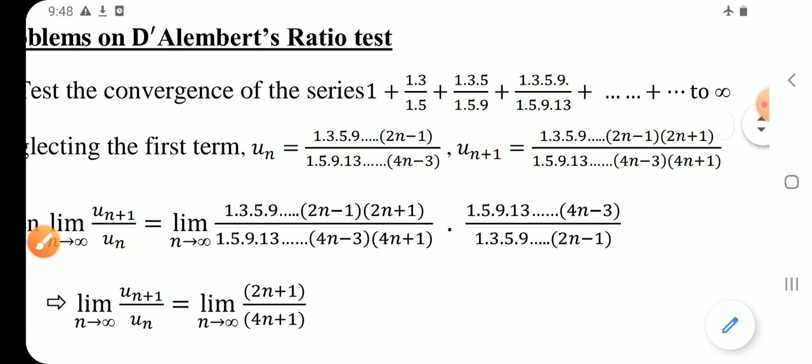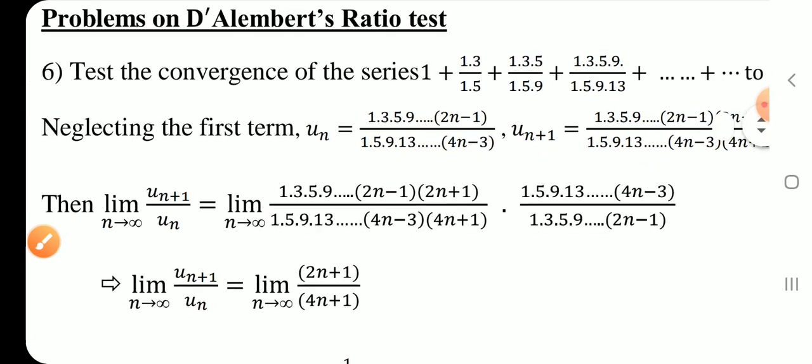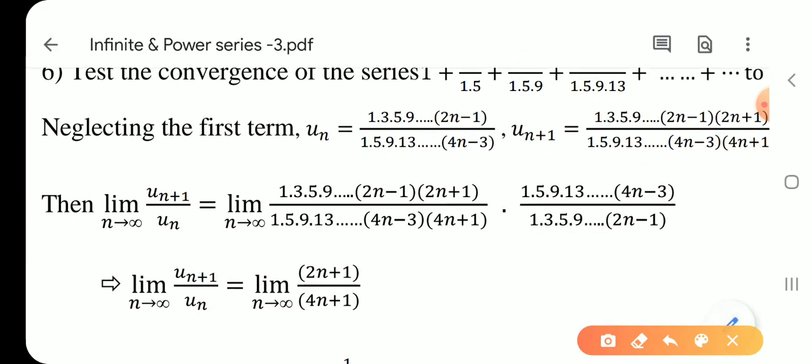Let us find the ratio of this, that is limit of un plus 1 by un as n tends to infinity. It becomes limit of n tends to infinity un plus 1, this whole term I have written as it is, divided by un.